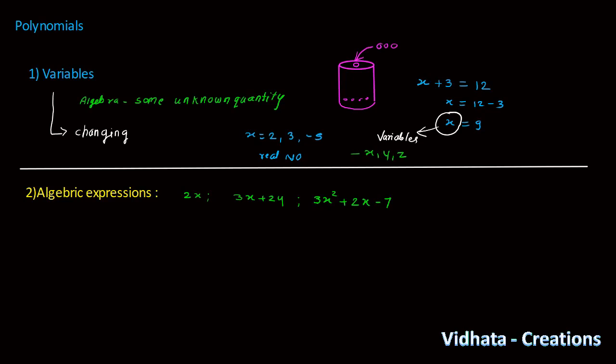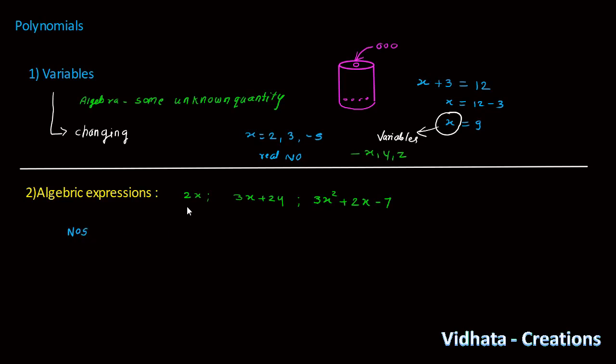From these examples, you can guess the meaning of algebraic expressions. Do you know what you can guess? If you completely observe these examples, the forms given to you, then here you can see some numbers are there.